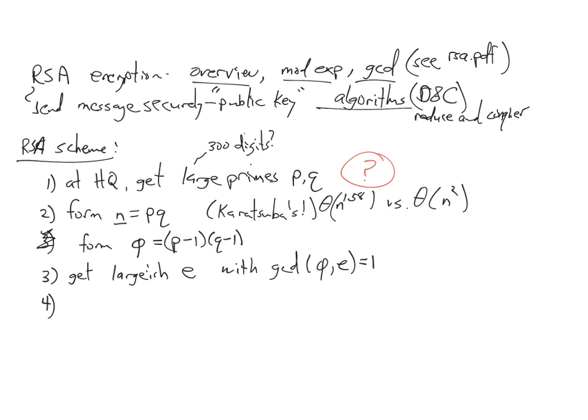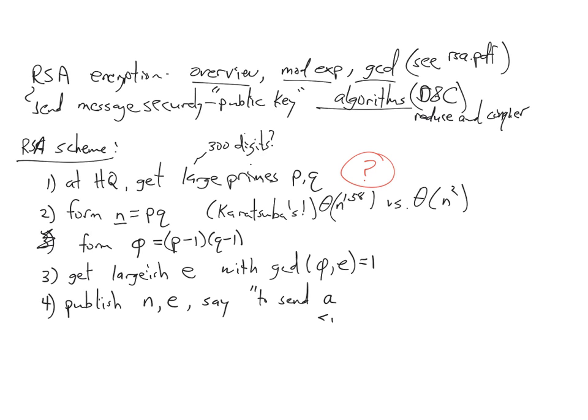Okay, so that's it. Then we're all set to let people send us messages. So we publish N and E, and to send a message A, where A is just a number, think of it as a 300-digit number, you could take plain text and use ASCII codes of the symbols and chunk them all together to form one giant number.